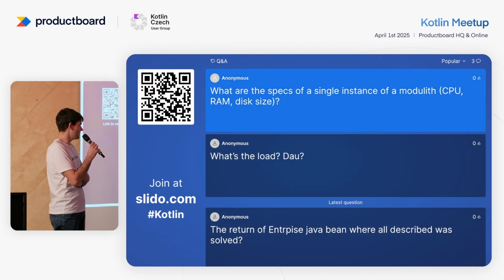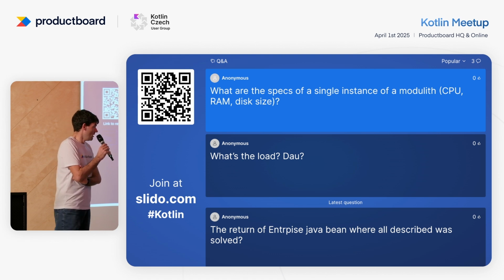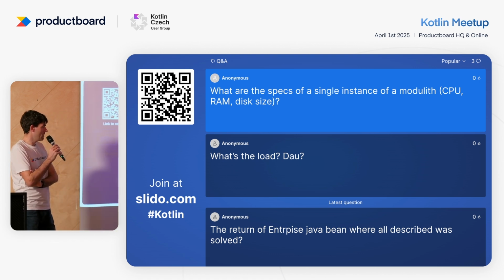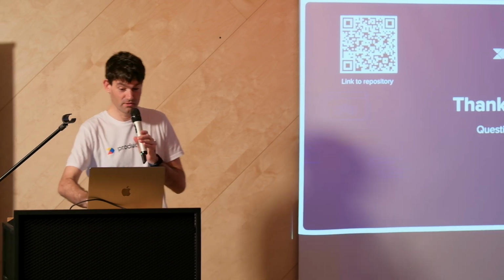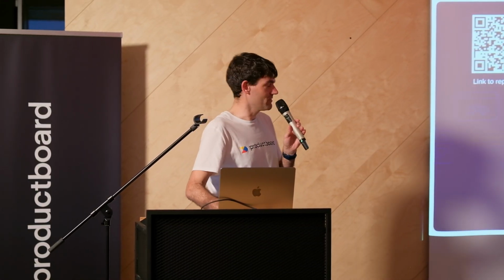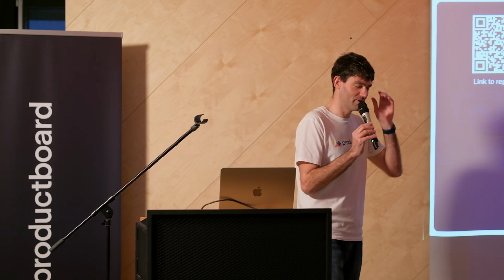What are the specs of a single instance of Modulith, CPU? I don't remember. I think we use... I can check maybe. No, I can't. I don't have it open.